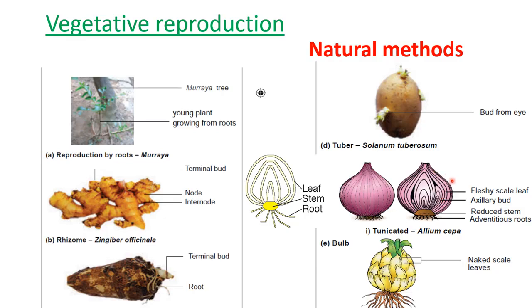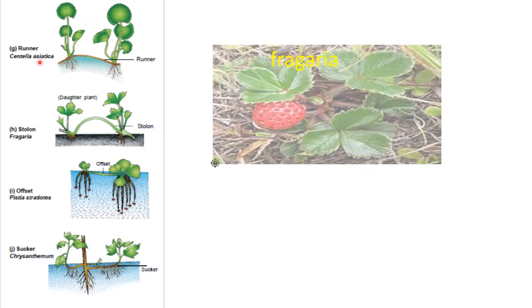It has a dry membranous scale called a tunic, and therefore it is called tunicated. Whereas in the lilium flower, the fleshy scaly leaves overlap but lack this dry membranous tunic, and therefore these are called naked bulbs. Two types of bulbs. So these are the methods naturally involving roots and stems for reproduction.